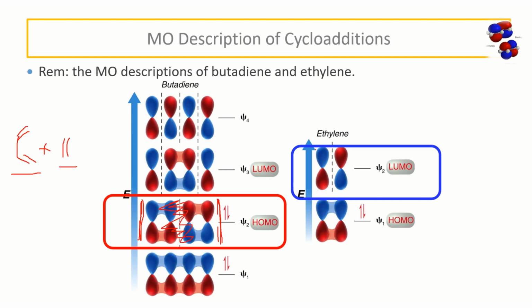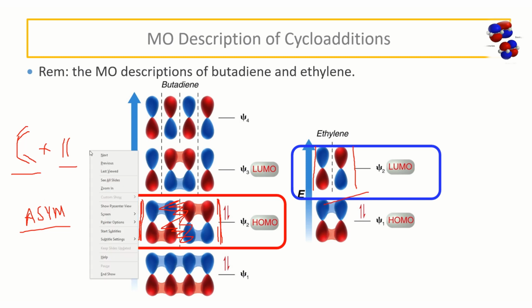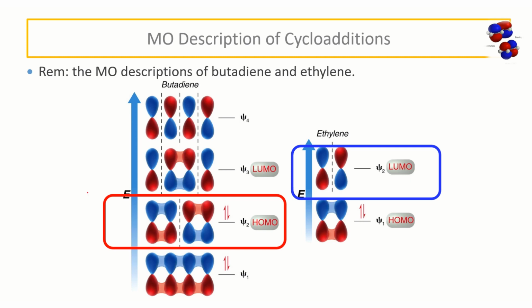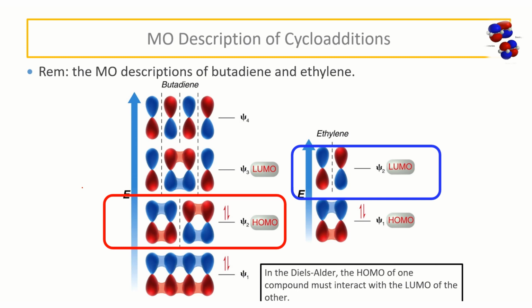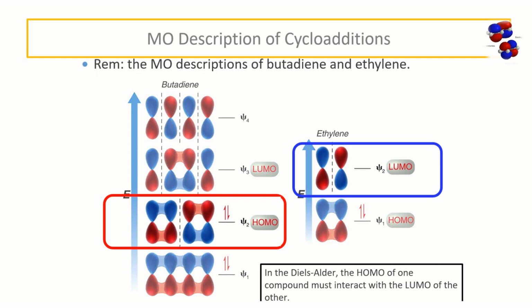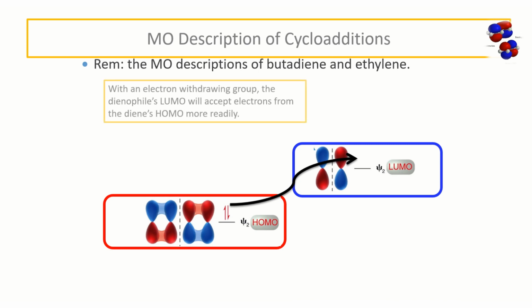Here you can see also there's a blue, red on that side, and at this end, red, blue. So both of these molecular orbitals are asymmetric. That's an asymmetric molecular orbital, and this is an asymmetric molecular orbital. And so for the click to happen, we have this symmetry alignment. And so you can see the donation here.